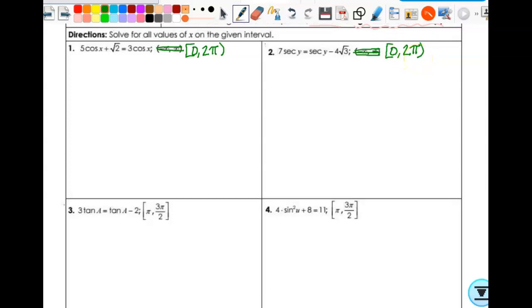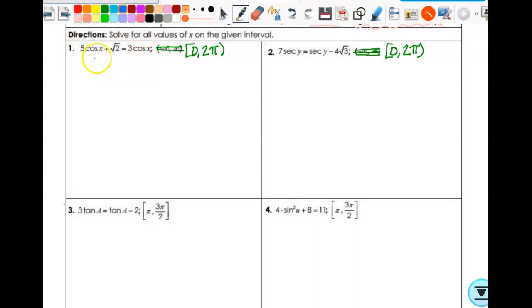Okay. All right, so it says solve for all values of x on the given interval. So I have 5 cosine of x plus the square root of 2 equals 3 cosine of x. So again, I've just got to get all my cosine of x's together. I'm not going to move this because it's dangerous to move something that's all by itself, because that's when y'all move it over, lose your equal sign, and make up math.